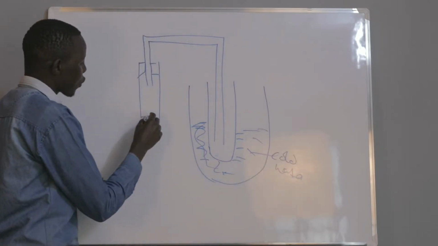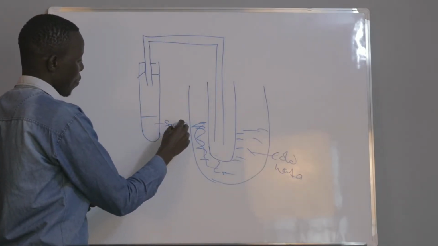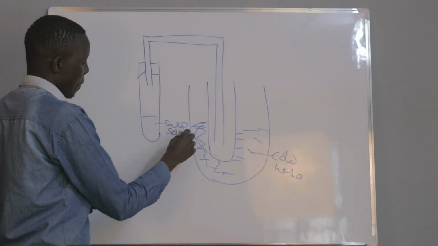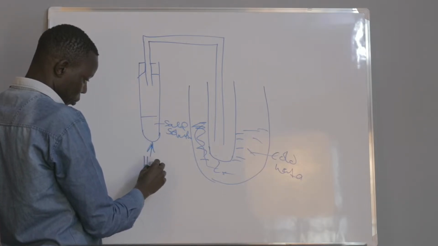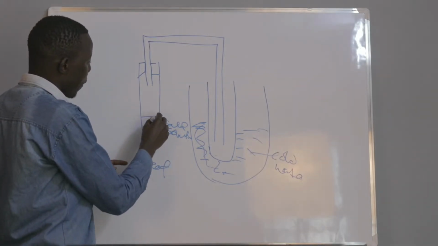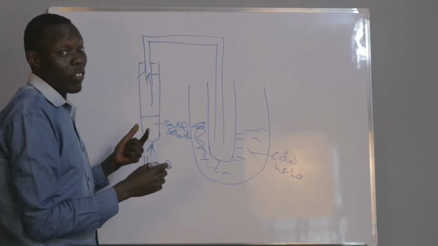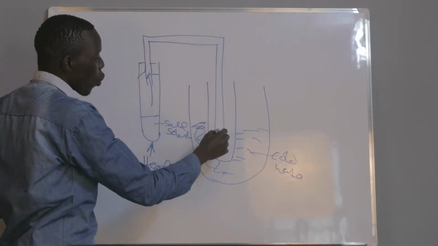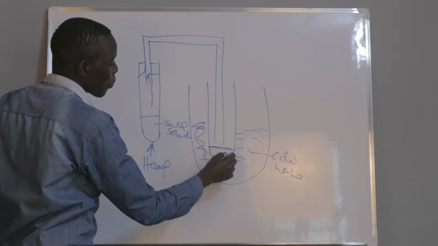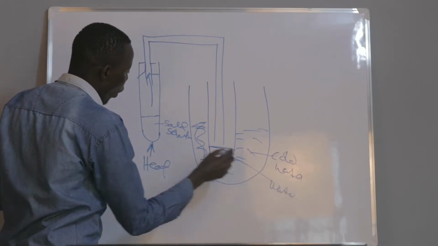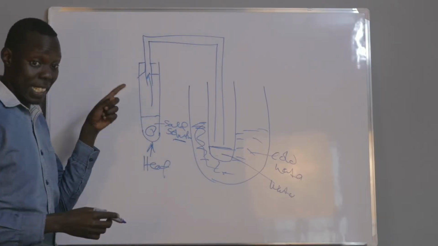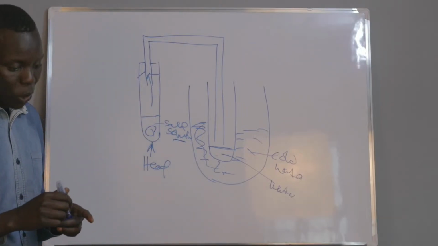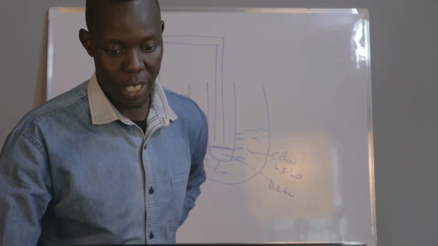So if we have salt solution here, then you heat. The vapor will go this way, that is the water vapor. When it reaches there it is condensed back to water. What will remain here is the crystals of the salt. So this is called simple distillation. Evaporation will go to the atmosphere.